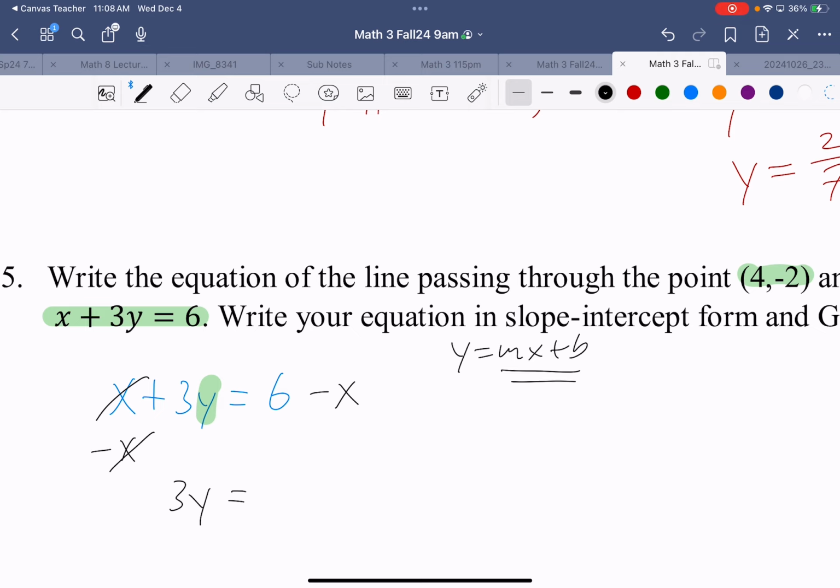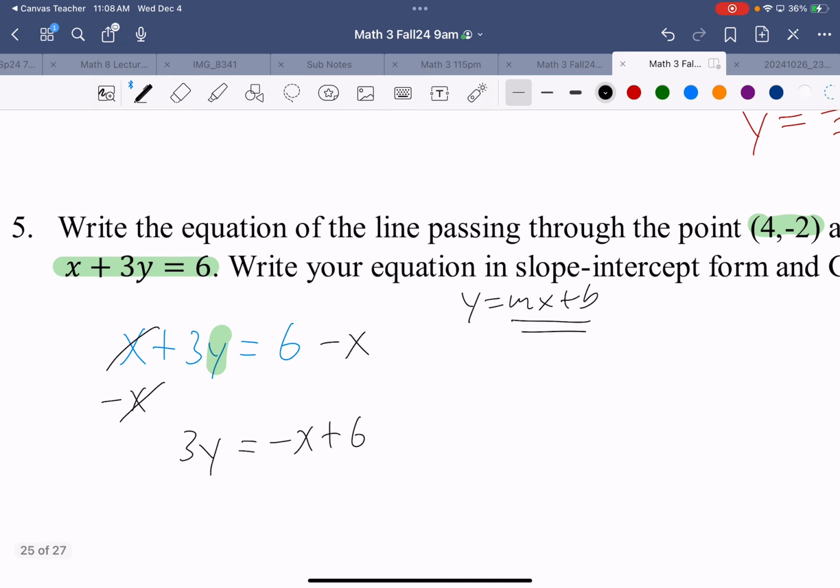So for the sake of keeping this format, I'm going to write negative x plus 6. And it's a good reminder that the commutative property of addition does exist, right? Where you can always change the order of terms as long as the sign stays with that term, right? You want to make sure you keep them together.